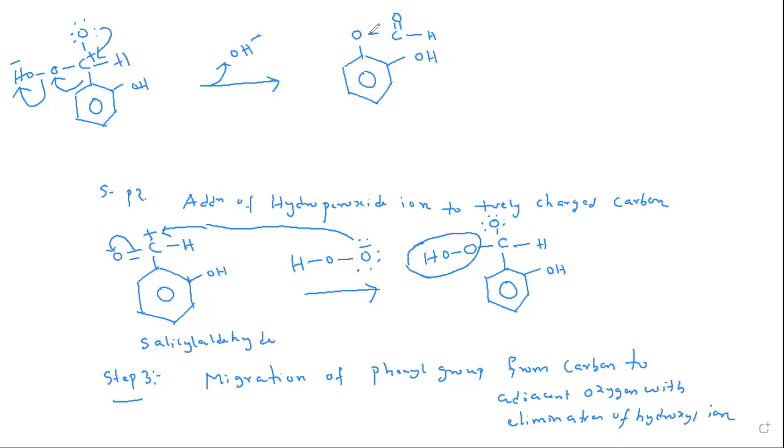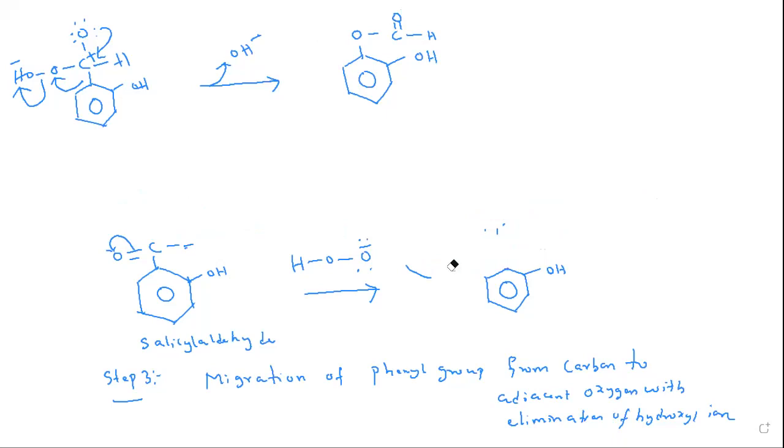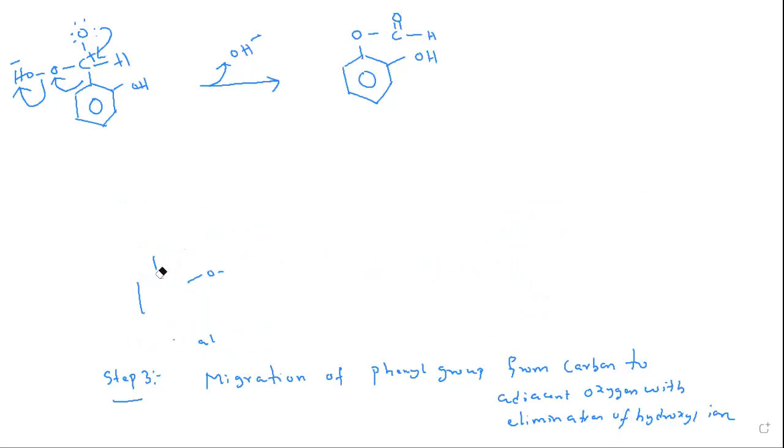Coming to the next step, step number 4. I'll try to erase this so I can accommodate the reaction for step number 4 here. So again, I'm going to write the reaction here, step number 4, that is formation of formic acid.